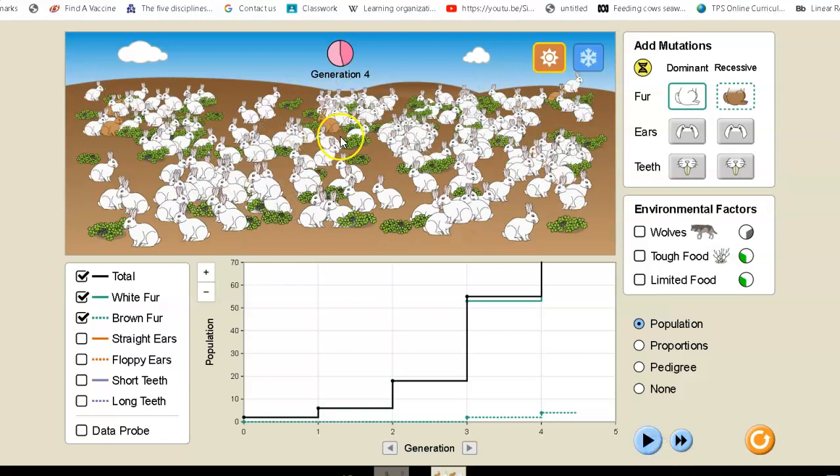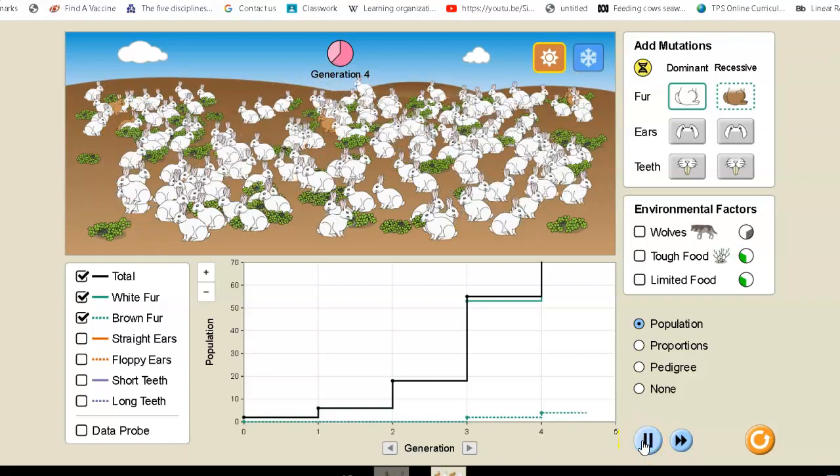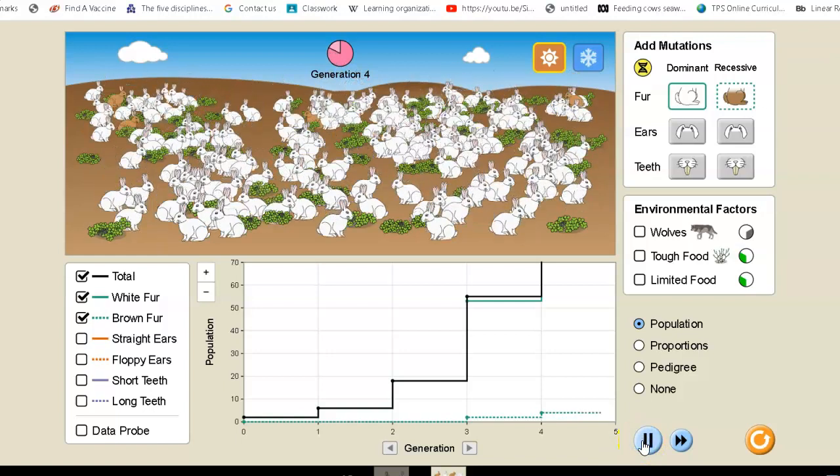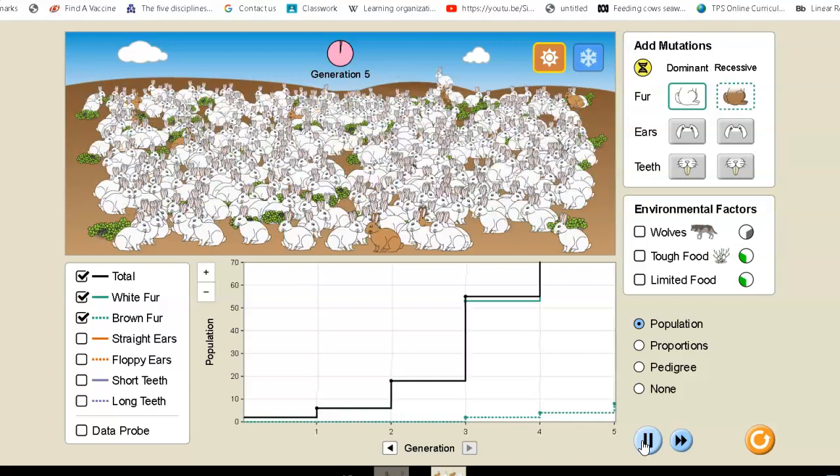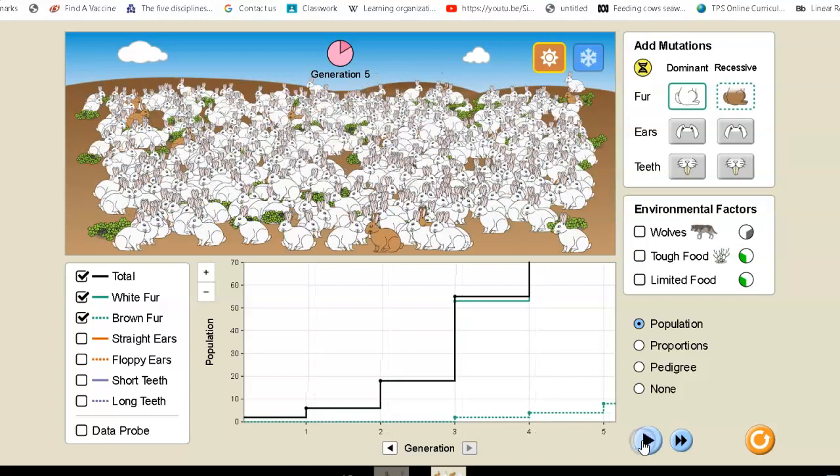Something occurred and we start getting some brown bunnies. So if I were to pick a bunny out of here, most likely it would be a white bunny, but once in a while we'll get a brown bunny. Oh, a tremendous amount more bunnies.